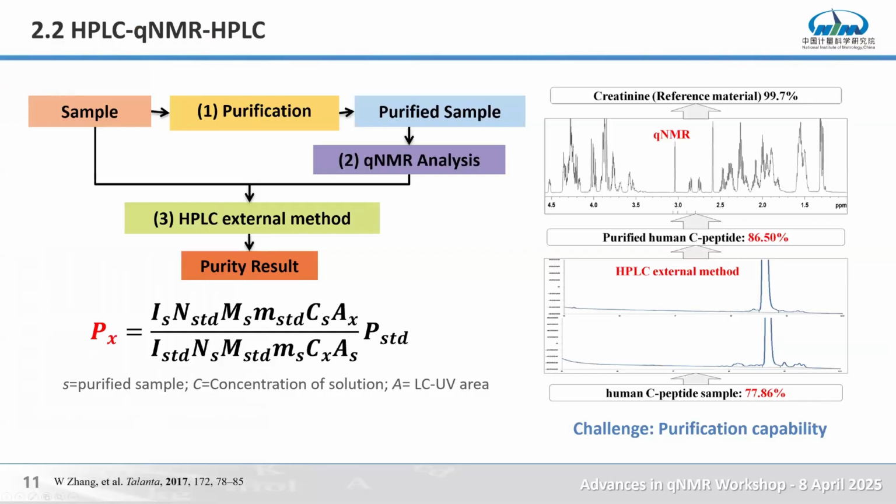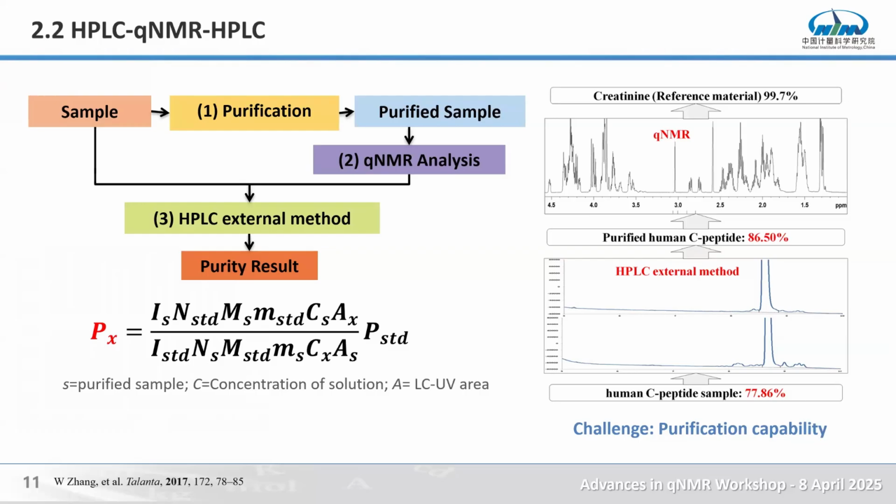For the cases of compounds with lower purity, especially peptides, the impurity peaks are likely to incompletely separate from the peaks of the main component. So that will affect the true purity determined by qNMR. So we proposed a method named the PBeses Ins method.